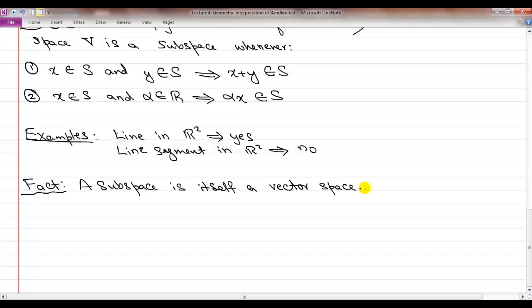What that means is that even though we define the subspace only in terms of it having to be closed under linear combinations, just using that fact, you can show that a subspace satisfies all the properties of a vector space. Because it's a subset of a vector space, it carries some of those properties automatically, and if you go through them, it becomes rather trivial.